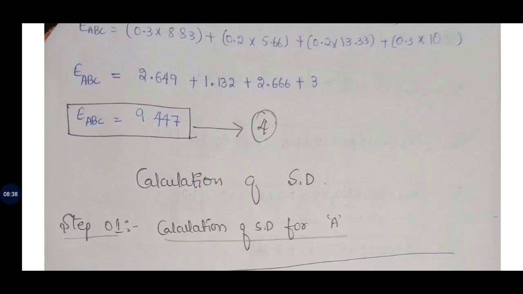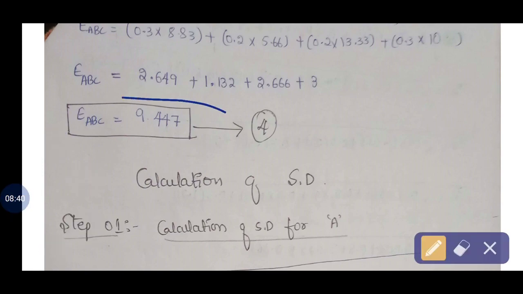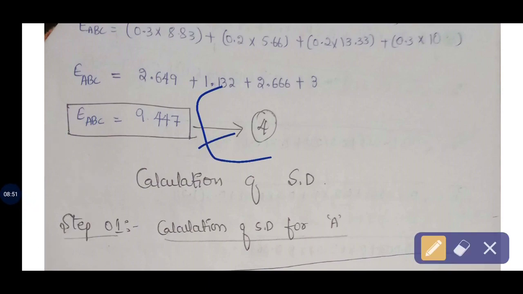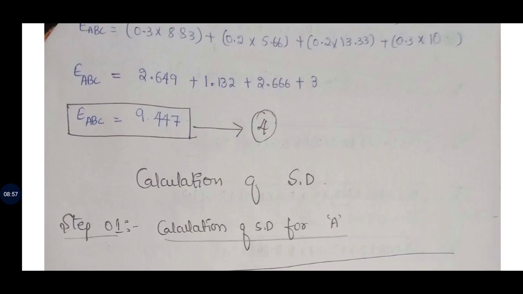After multiplying and adding, the expected return after diversification will be 9.447. So we have completed step number 1, that is calculation of expected returns in case of individual securities and also in case of diversification.